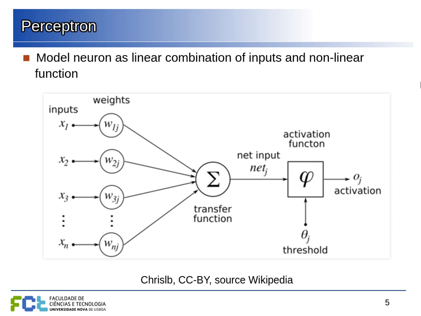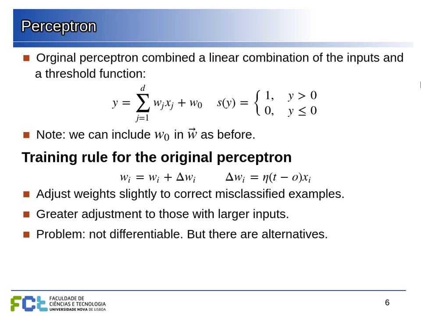If it's the other way around, we're outputting a 0 when it should be 1, we should increase the input, and it depends on the sign of the input value and the error that we are committing. So basically, this is the learning rule for the original perceptron.